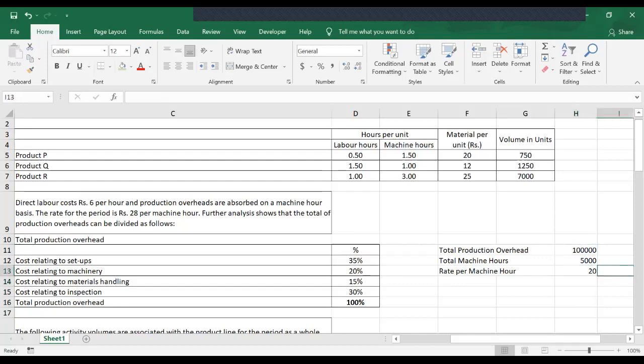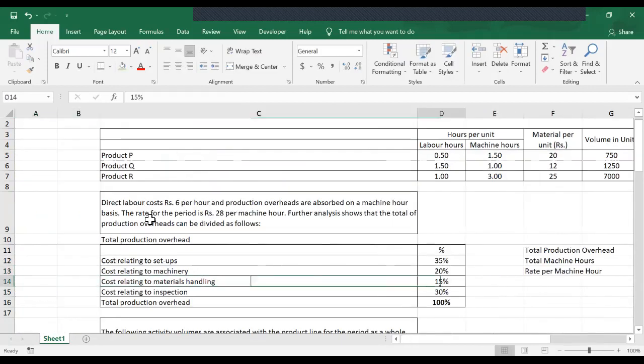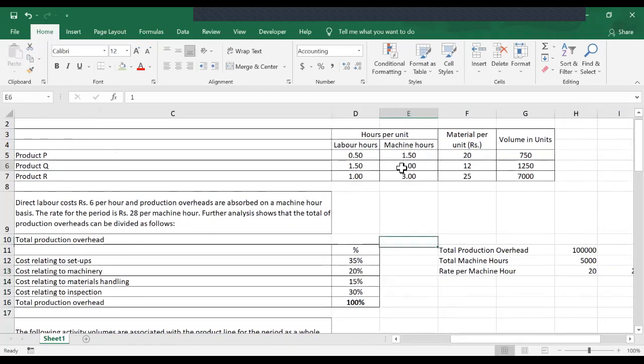Now in this case, we have been given the rate of 28, and the total machine hours we have to calculate. We have been given the machine hours per unit and the number of units, so we can easily find the total machine hours. Once we figure that out, we can back calculate.